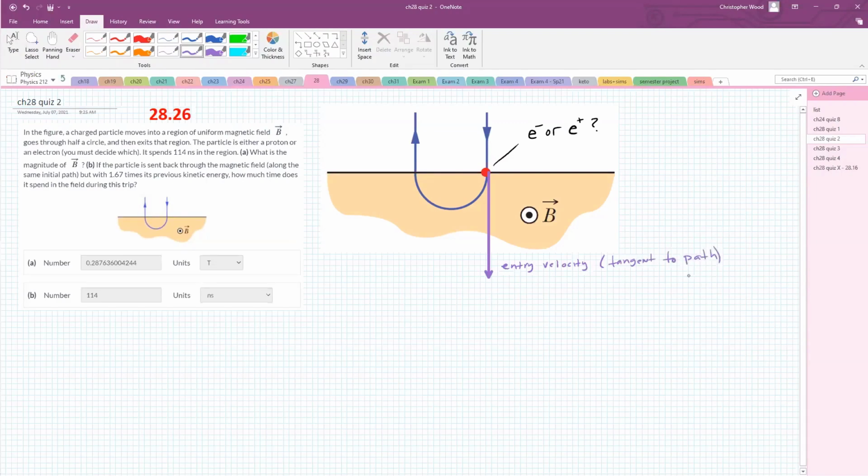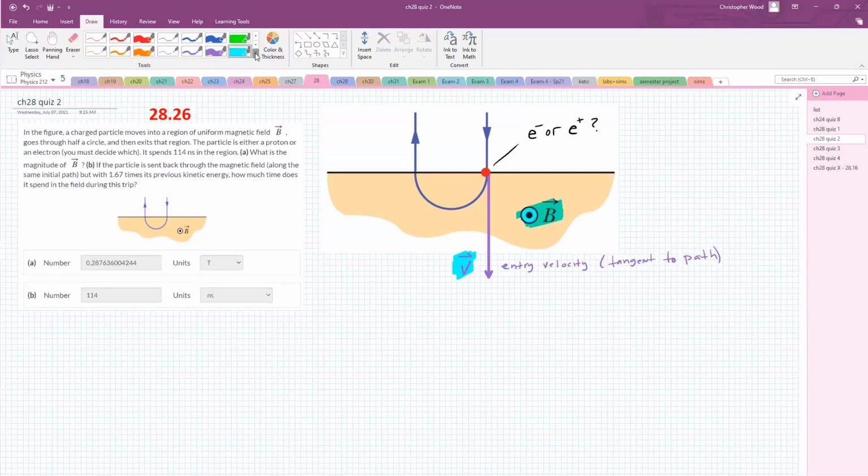Okay, so this is V for velocity. So I know a few things here. I know the velocity of this particle is V. I know this magnetic field is coming out of the page.